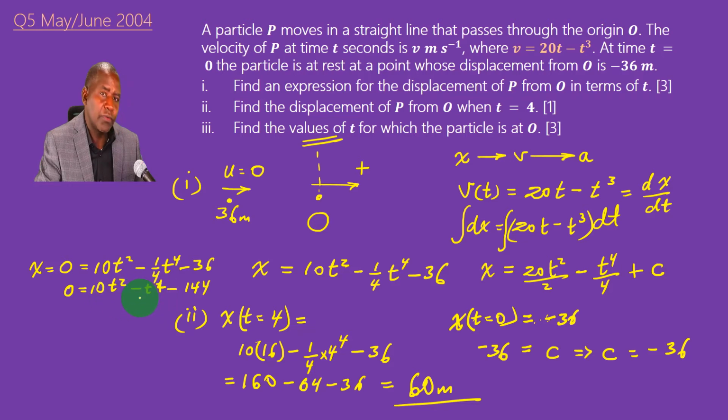So at this point, I can either factor out or say, let t squared be equal to something else. Let me not use x because I've already used x there.